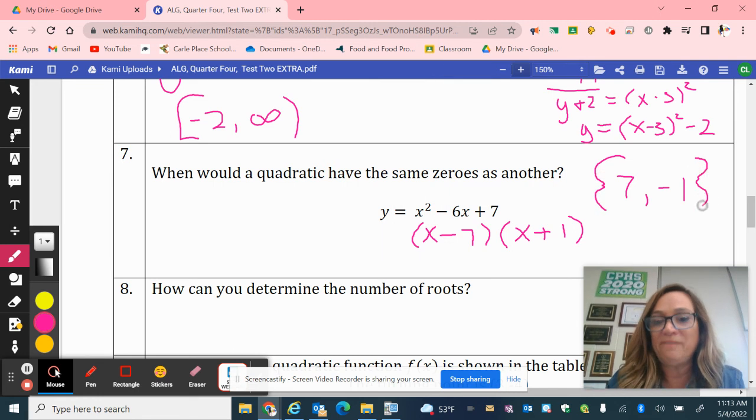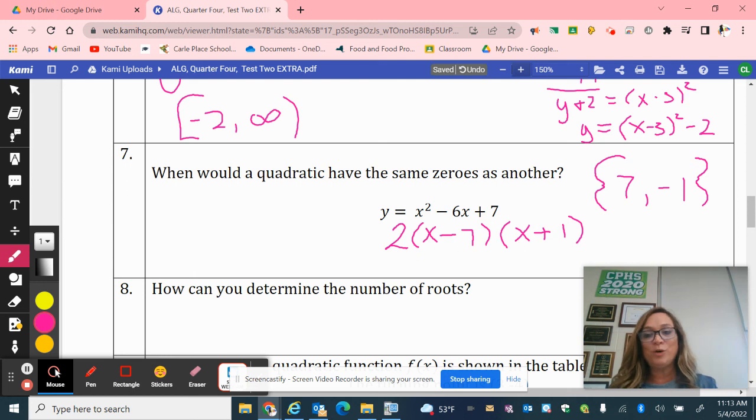So if I stuck a 2 in front of this, I dilated it, it wouldn't change the zeros, okay? If I stuck a decimal 0.2 in front of that, it wouldn't change the zeros. So it's basically if the a changes and it's still the same factors, it's going to have the same zeros. If you have the same factors, you have the same zeros.